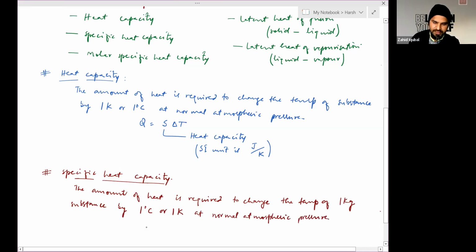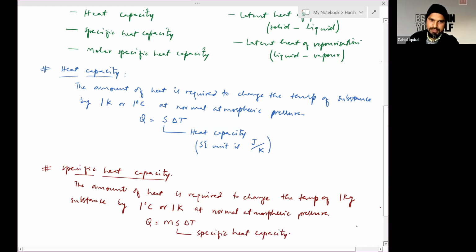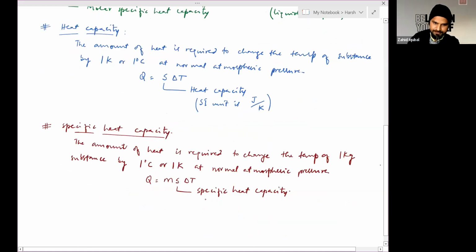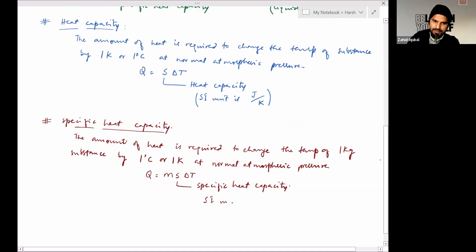That is called specific heat. So Q equals mass of substance times s times delta T. This small s is called the specific heat capacity or constant. Its SI unit is joule per kg per Kelvin.